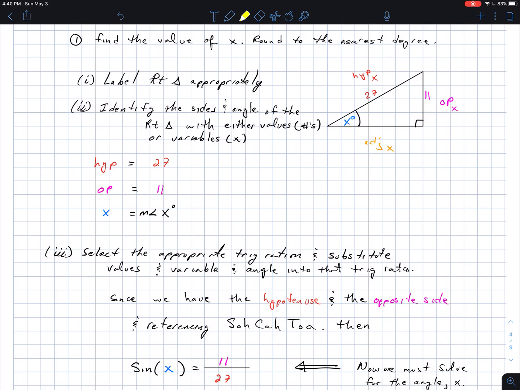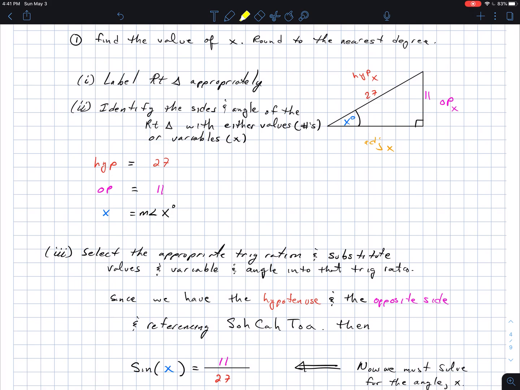Remember, the first step, if you want to think in steps, is to label the right triangle appropriately: hypotenuse, opposite, and adjacent with respect to the given angle. Then you want to identify the sides and angle of the right triangle with either values or variables.